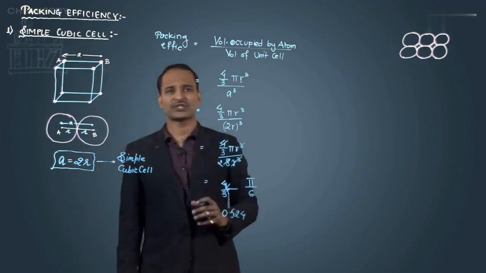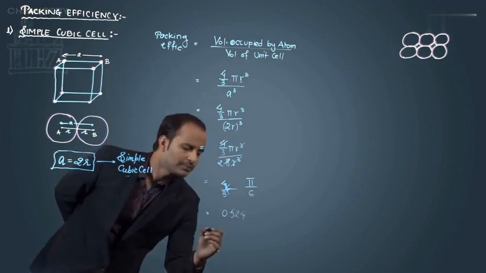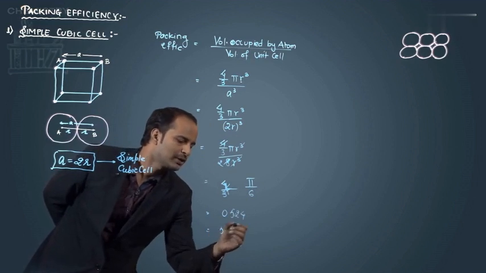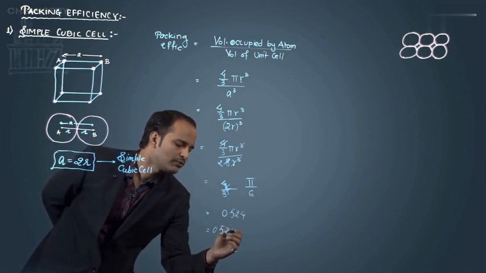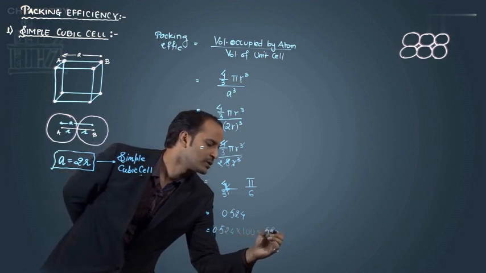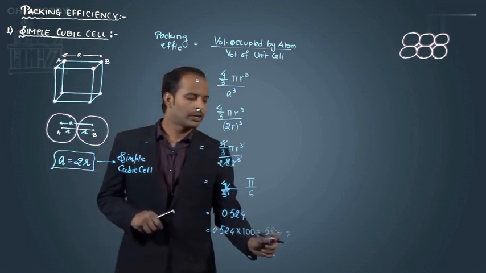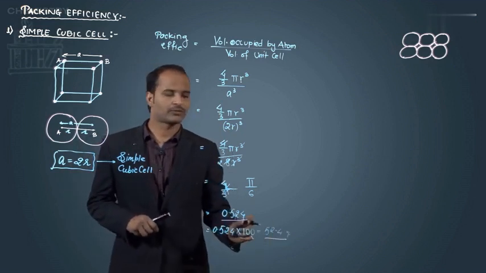This is the packing efficiency in fraction form. If you want to write it in percentage, multiply by 100: 0.524 into 100 gives you 52.4%. So the packing efficiency in percentage is 52.4, in fraction it is 0.524.